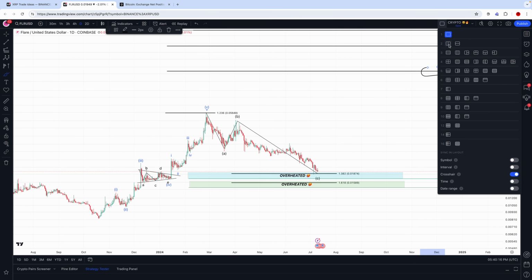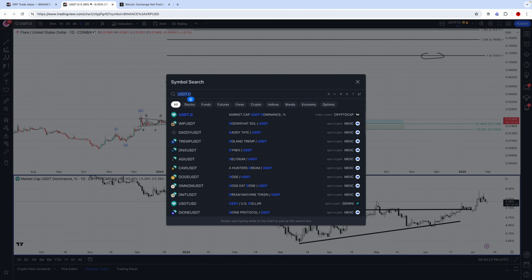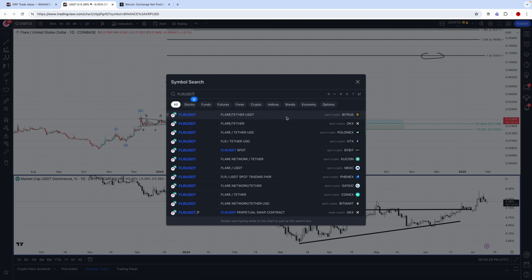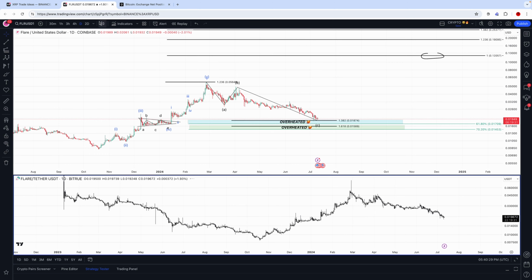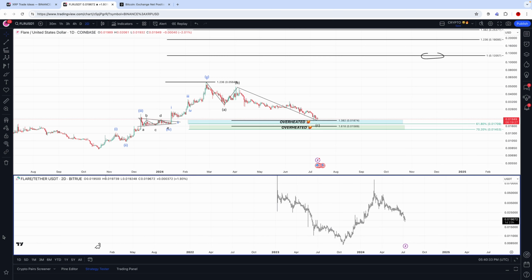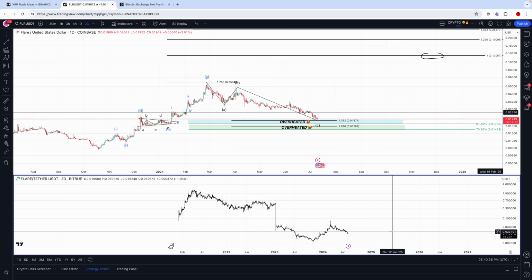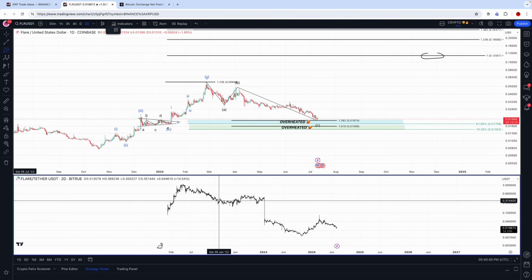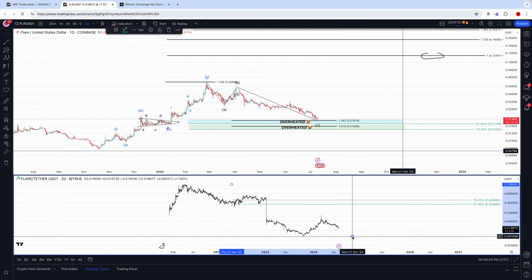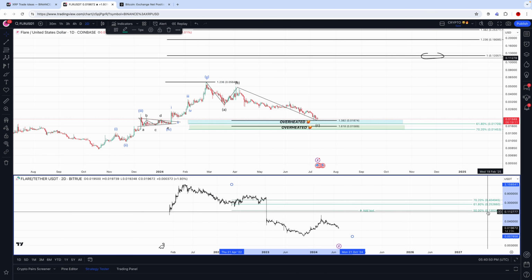And when we take a look at your BitTrue chart over here that has the full history, we do see that the 50% was sitting right there. So if we go here, take a look at the Flare BitTrue chart and then take a look on the 2-day time frame, you can see that your 50% is sitting right there at 13 cents.